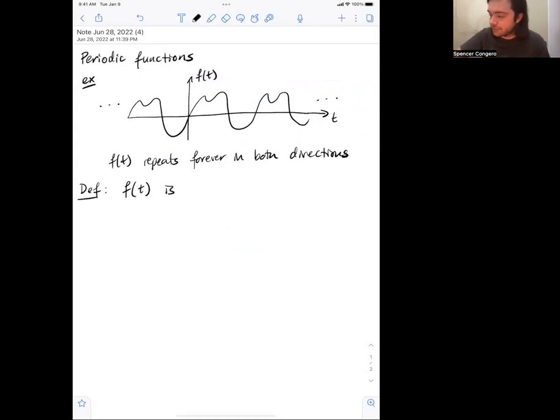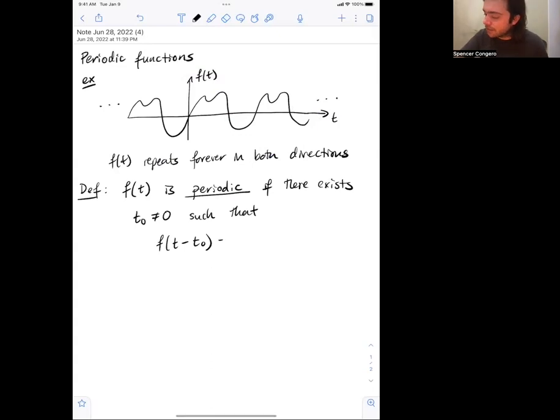So f of t is periodic if there exists a number t naught that is not 0, such that if I take my f of t function and shift the entire thing by that amount, then I get back the exact same function I started with. And of course, this has to hold for all t values. That's what it means for those functions to be equal.